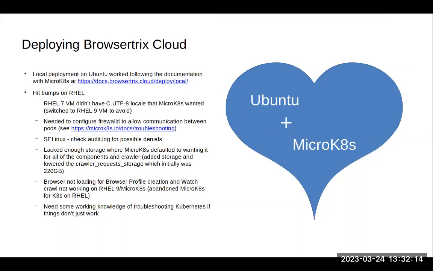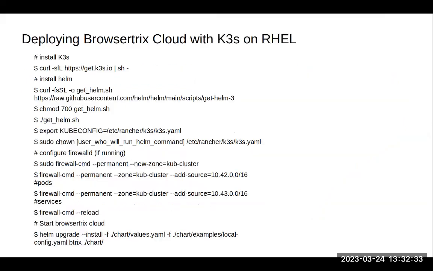And I'll just say that it does help if you have some knowledge of troubleshooting Kubernetes if you hit any of these issues. Otherwise, it can be quite confusing. And the documentation for Browsertrix does give you a little bit of hints on how to do some troubleshooting, so that's nice. Since I did go over all those bumps, I just want to show you that ultimately the commands to get Browsertrix Cloud running with K3s on Red Hat aren't horrible.